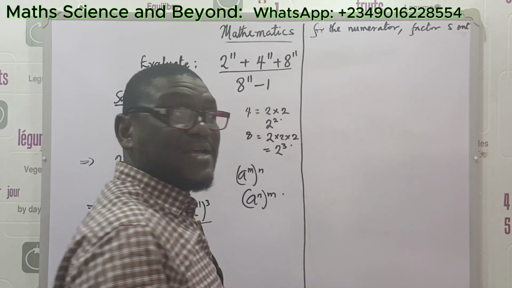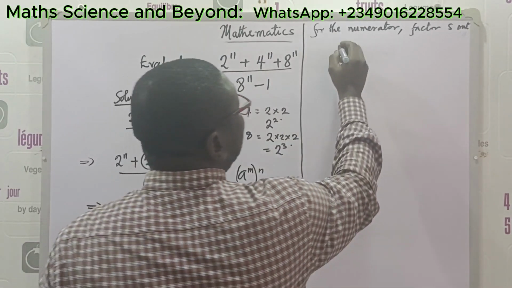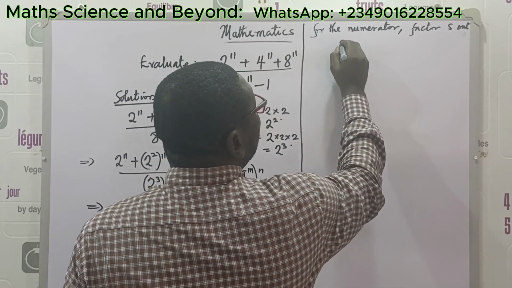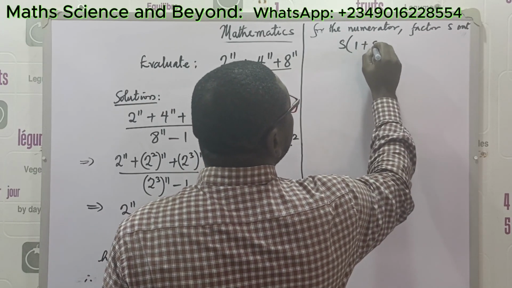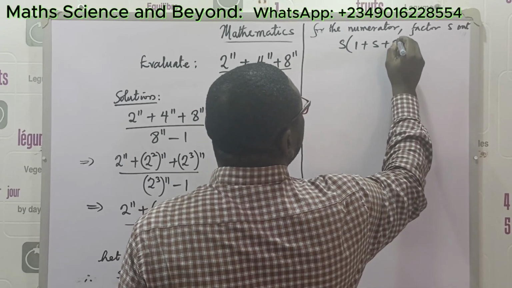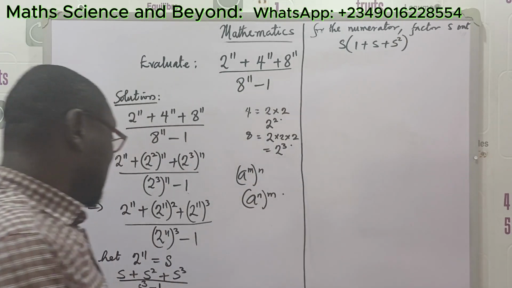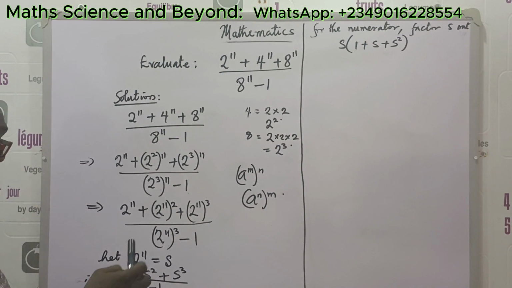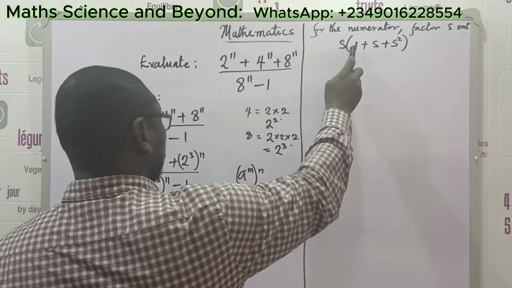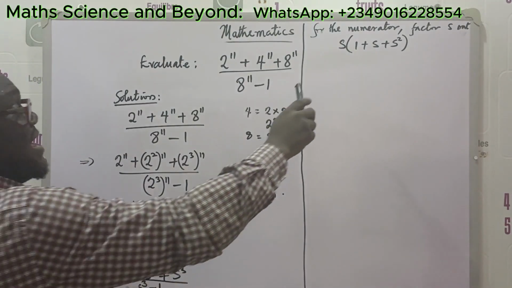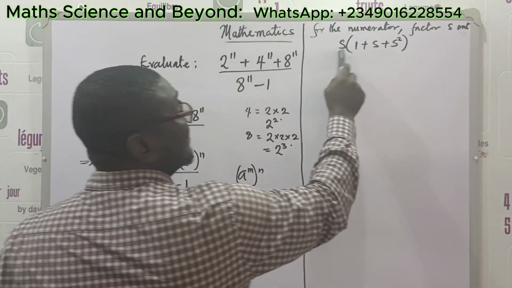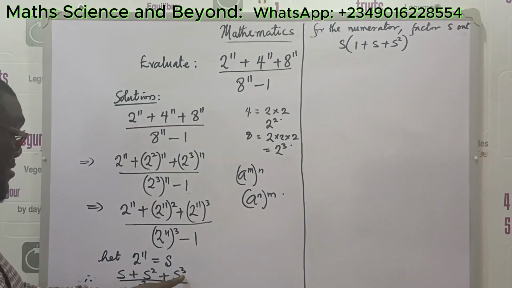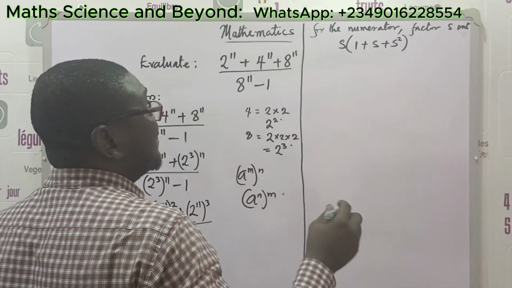If we factor S out at the numerator, we are going to have S into 1 plus S plus S squared. Do you understand? Because if you multiply it out, S times 1 is S, then S times S is S squared, then S times S squared is S cubed, S raised to power 3. Do you get that?